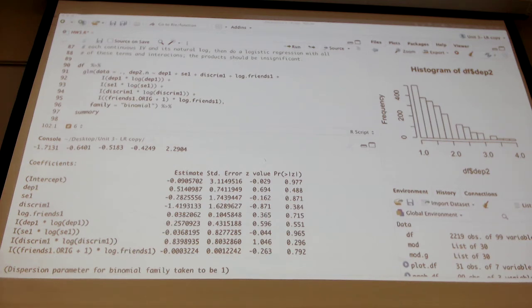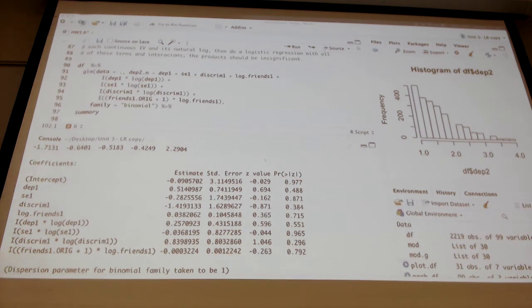First of all, these are actually the only ones we care about when we're trying to look at whether we violated the assumption of linearity of the logit. We're not looking at the results from these variables at all, okay? All we care about is whether the continuous variable times its log is significantly different.